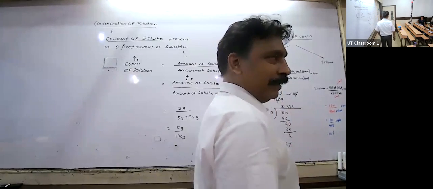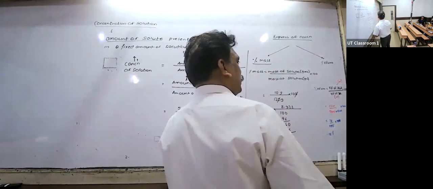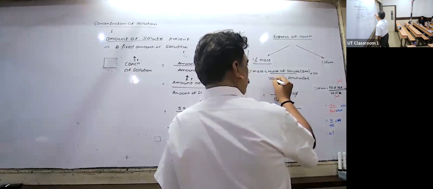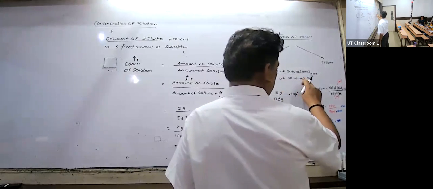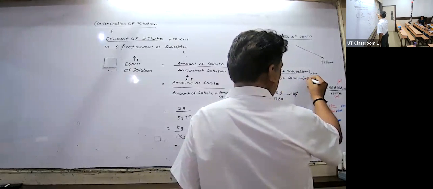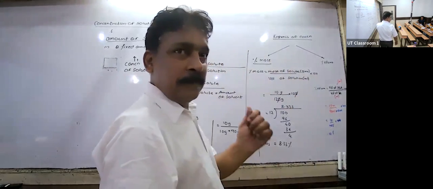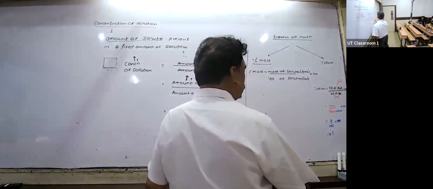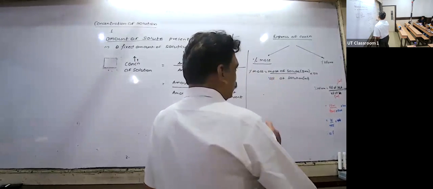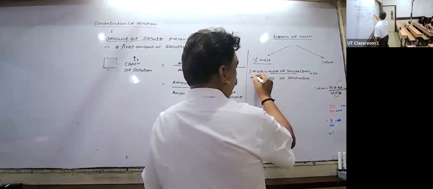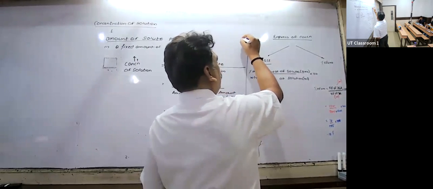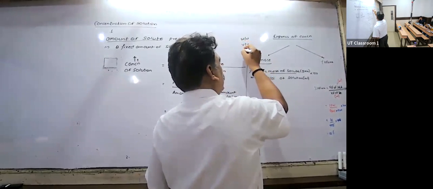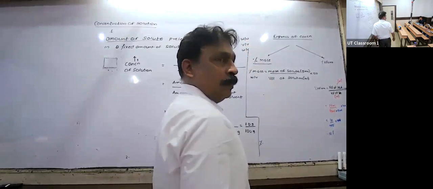This is percentage mass, but here instead of mass of solution, we will take volume. Volume is expressed in ml. This is a solid and liquid type of solution. Here I'm not giving an example, I'm just telling you how we consider this, mass upon volume. We can call it mass versus volume or weight by volume. The first one was weight by weight, the second was volume by volume, and the third is weight by volume.